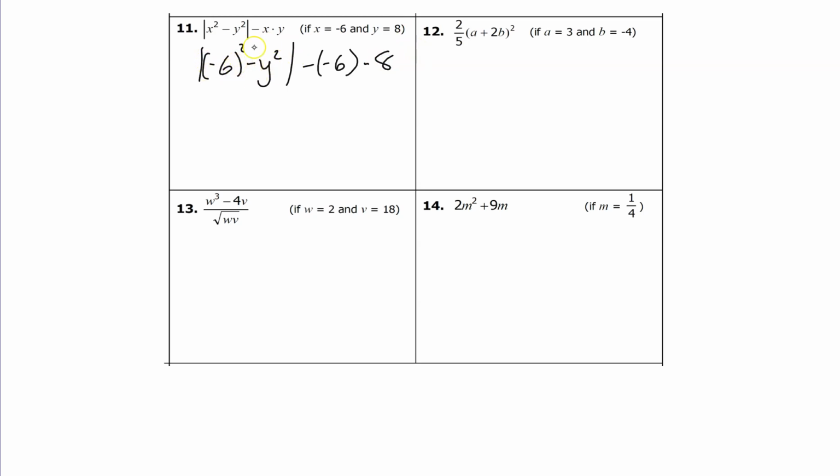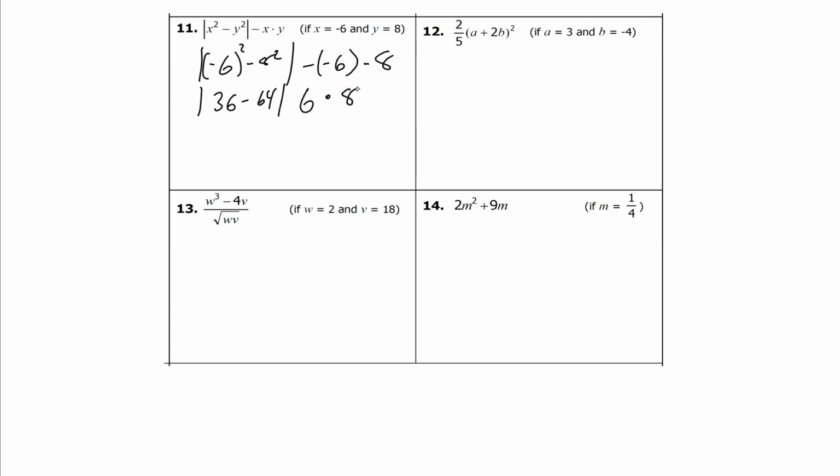All right, negative 6 times negative 6 is 36. That's the absolute value of 36 minus, not y, it's 8. Minus 64, absolute value. Well, negative 6, negative 6, two negatives make a positive, so that'll be 6 times 8.